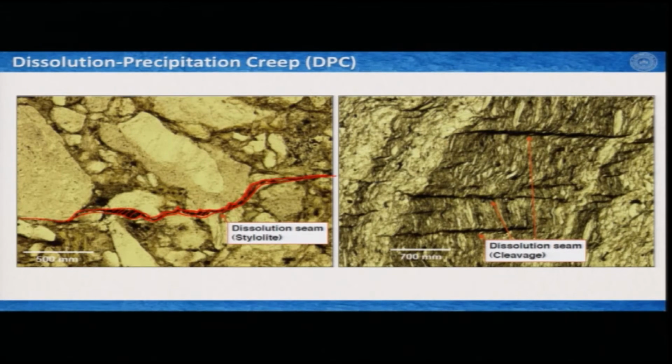You can also see some sort of dissolved seam here, and if that happens in a regular manner, in a regular arrangement, then it also develops repetitive layers in the structure. So, therefore, you can also call it a cleavage or foliation. So, this is the mechanism, or this is the process of dissolution precipitation creep, and this is how they look under the microscope.